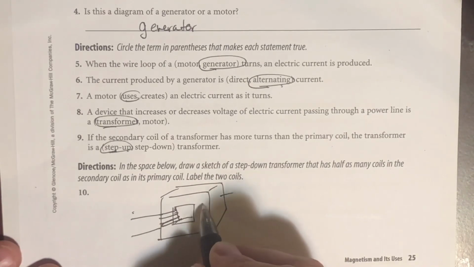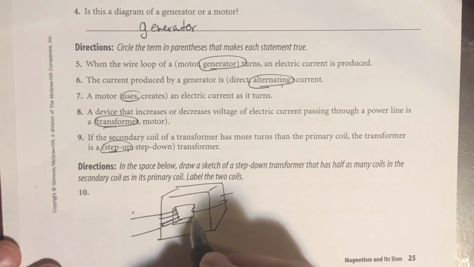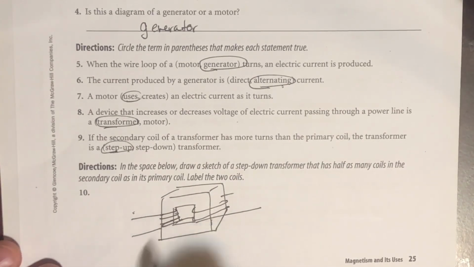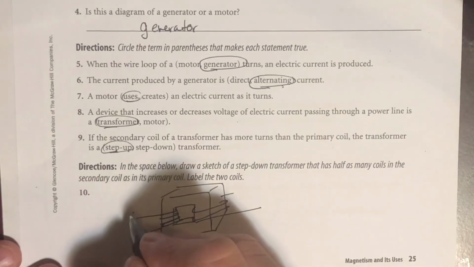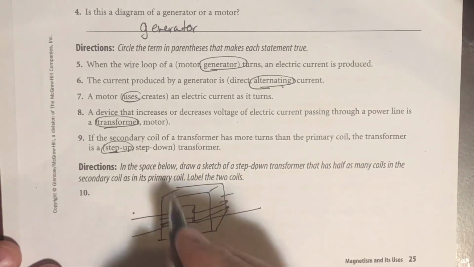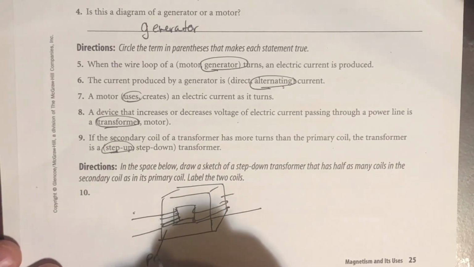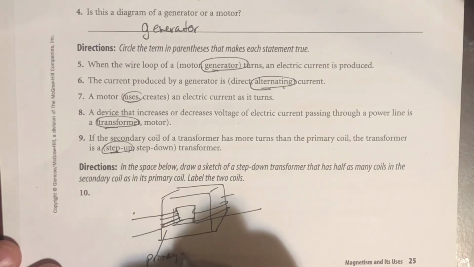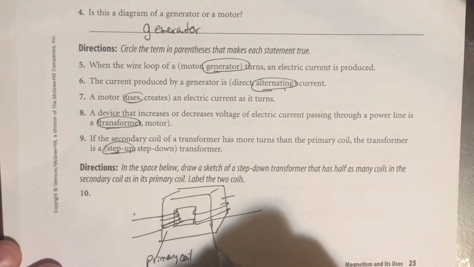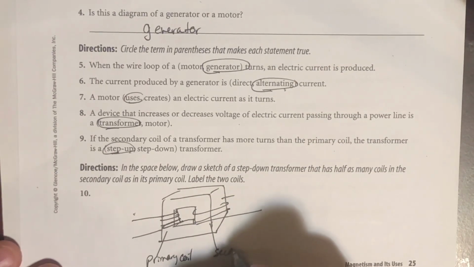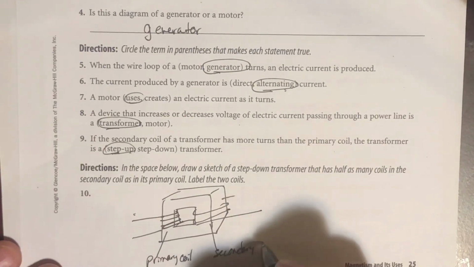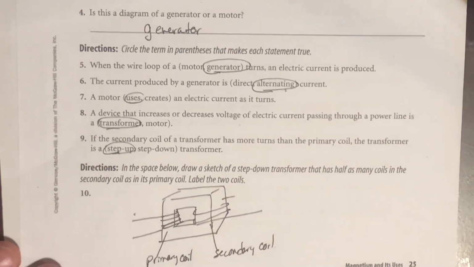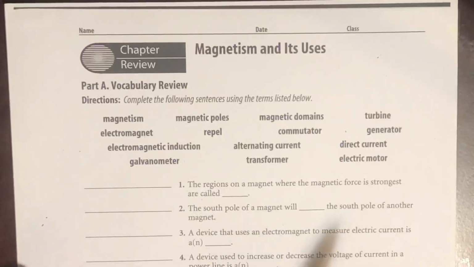So this thing's going to come in the backside. It's going to have 1, 2 turns. So this is the primary. We have to label this, right? This is the primary coil. And this is the secondary coil. So that would have gotten us all of those points.